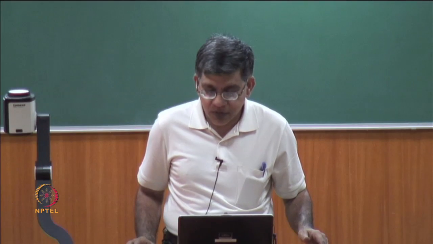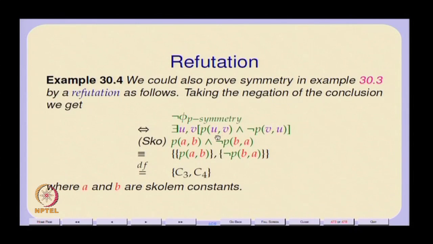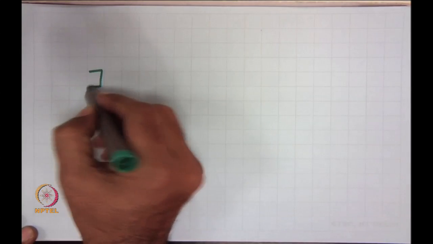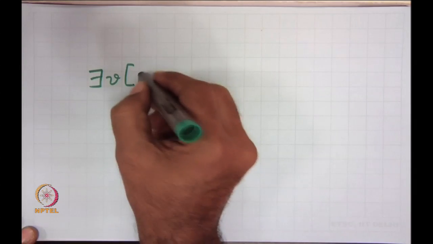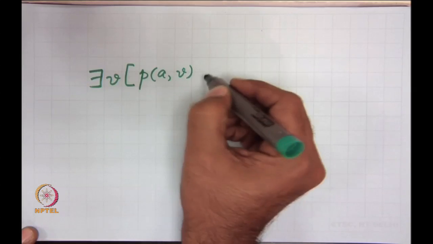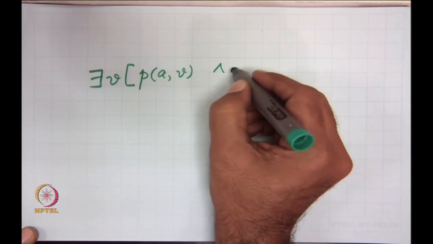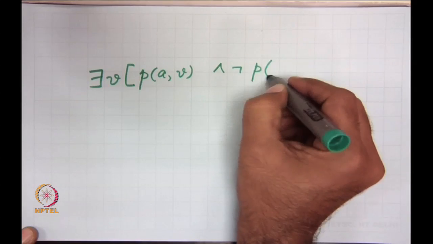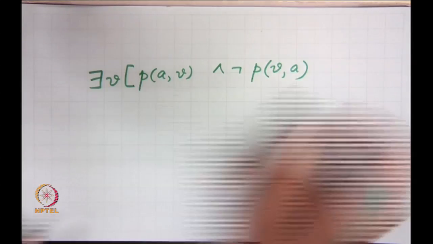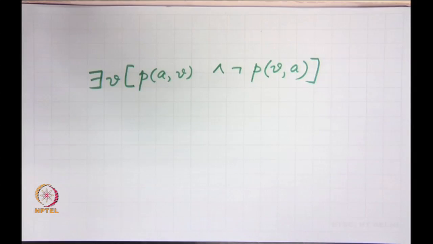There are no universal quantifiers before it, so you get a constant a, and there exists a v, p a v and not p v a. A further Skolemization replaces this v by a new constant b, since there are no universal quantifiers before it. So you get p a b and not p b a.